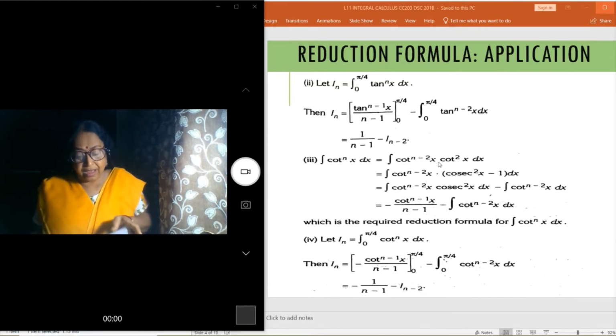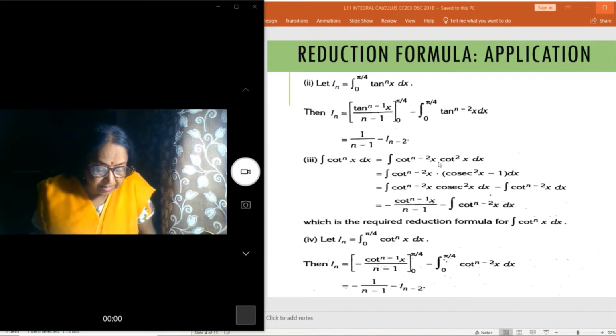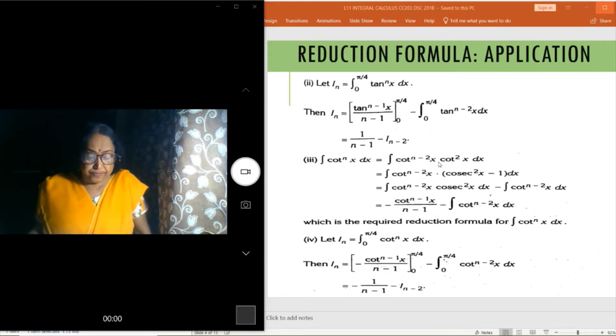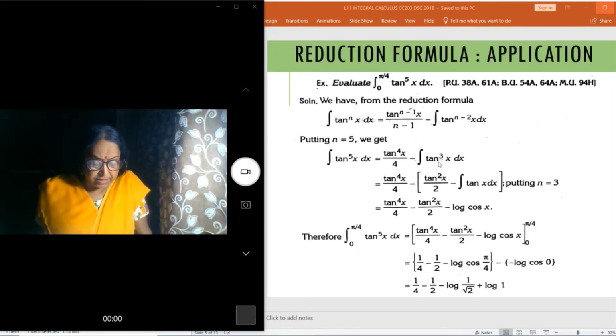And I n is equal to integral of tan to the power n x dx, so only I1 is equal to integral of tan x dx. So the integral of tan to the power 5 x dx from 0 to pi by 4 can be written this way.